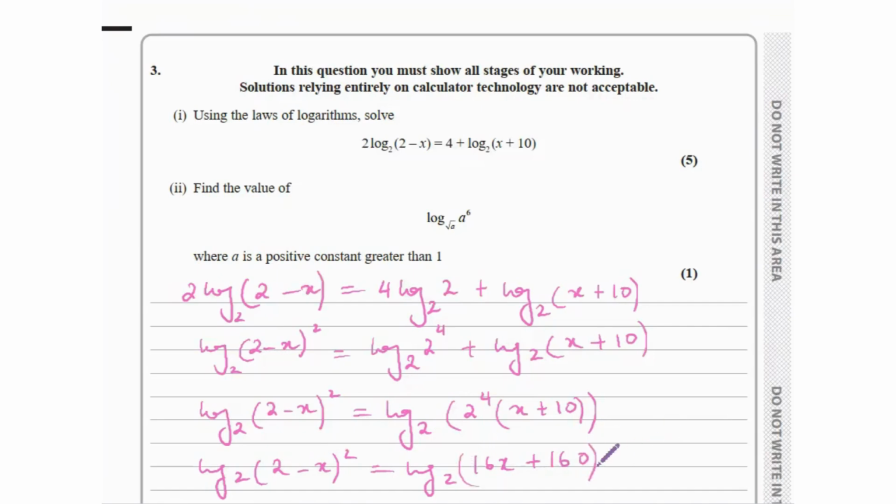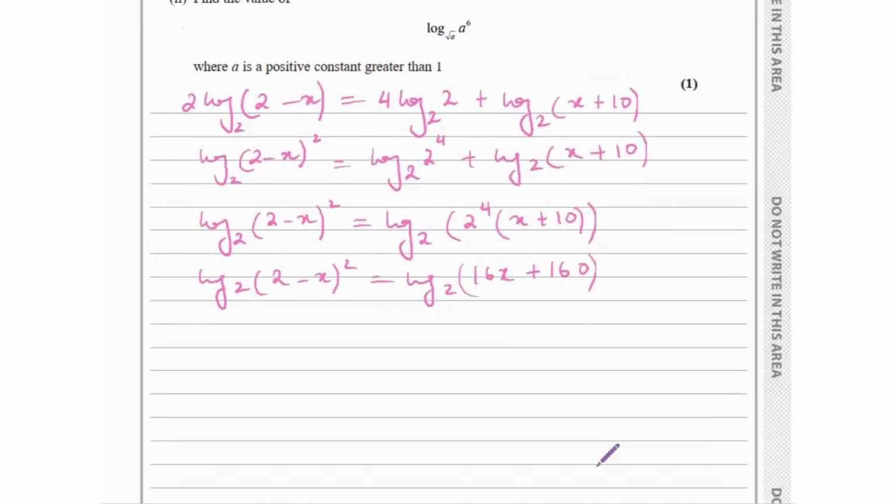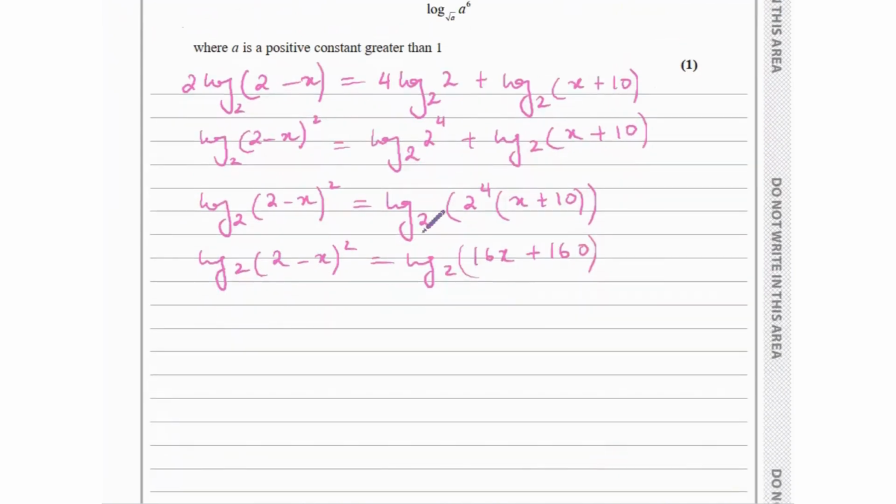This is what we have. Now, next is, you can cancel out the two logs because they're the same logs on both sides. They're equal to sign. So we are left with 2 minus x whole square equal to 16x plus 160.